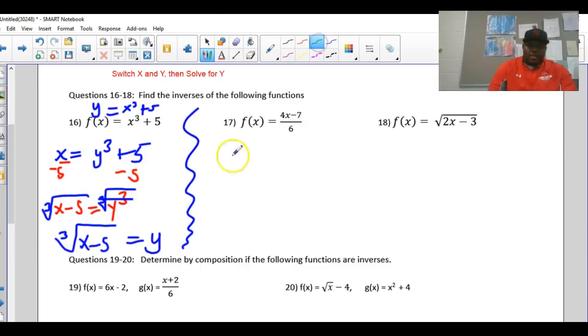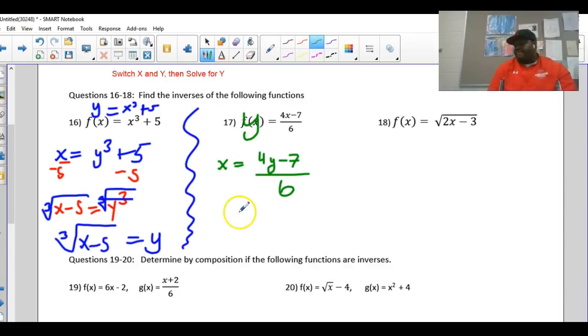For this next problem, remember this is y, right? So we're going to end up with x equals 4y minus 7 all over 6. Now, to solve this, the first thing we're going to do is multiply by 6 on both sides. The reason I do that is to cancel out that 6.